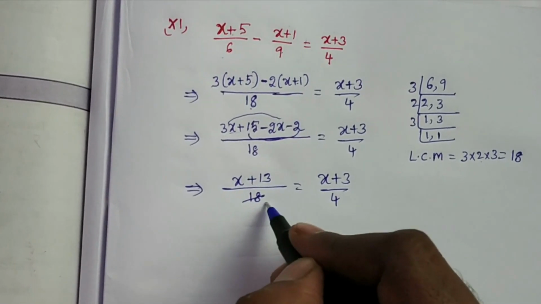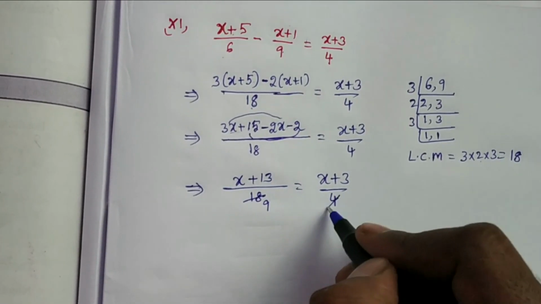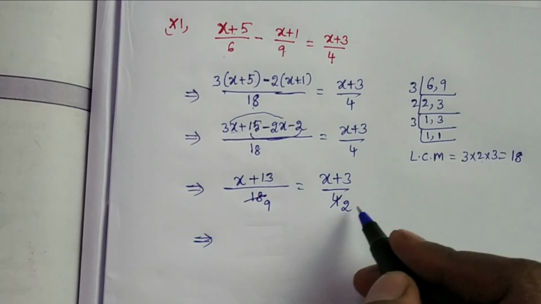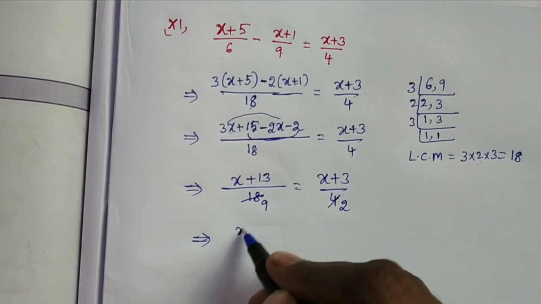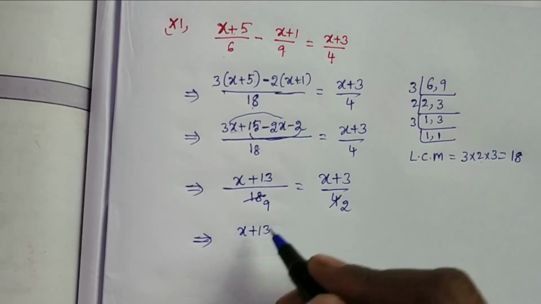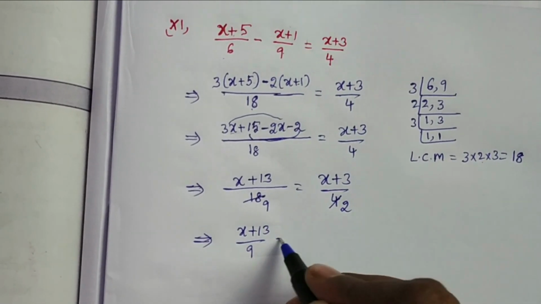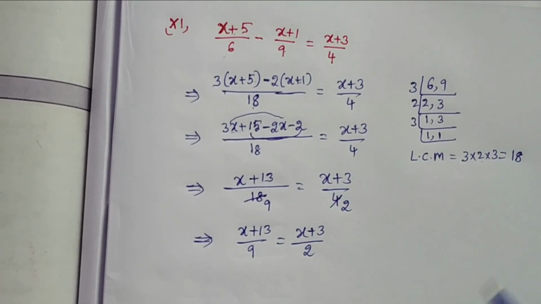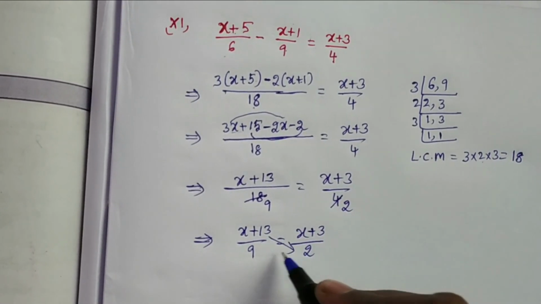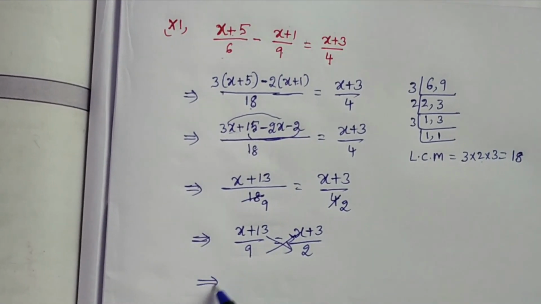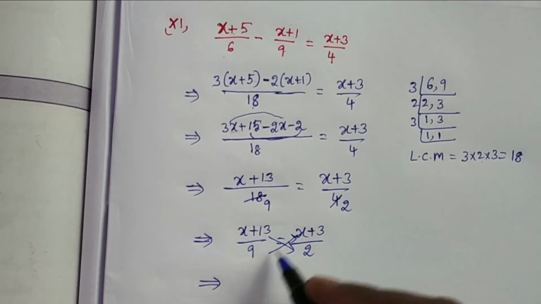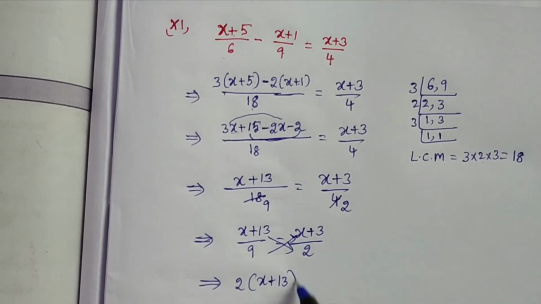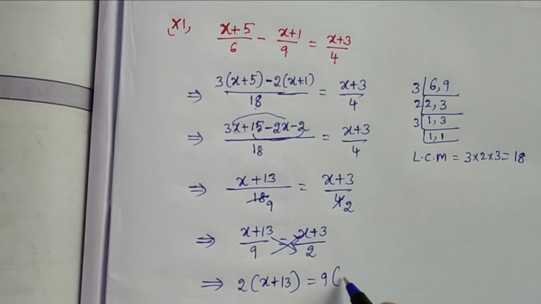So in 18, 9 times. In 4, 2 times cancel, 2 table. So now it is (x plus 13) by 9 is equal to (x plus 3) by 2. So using cross multiplication now, that is equal to 2 into (x plus 13) is equal to 9 into (x plus 3).